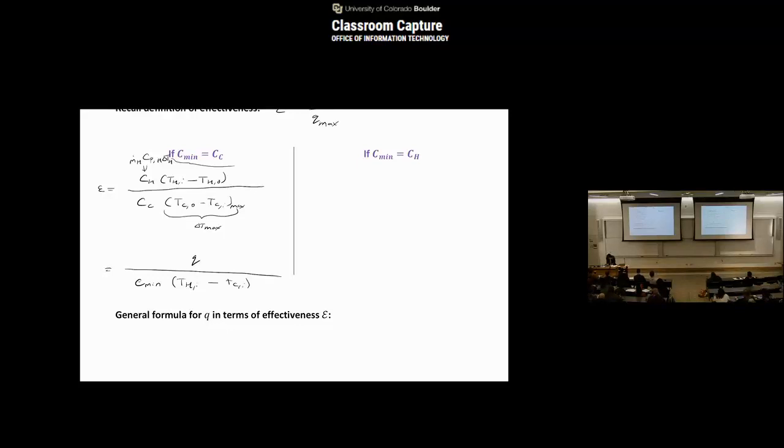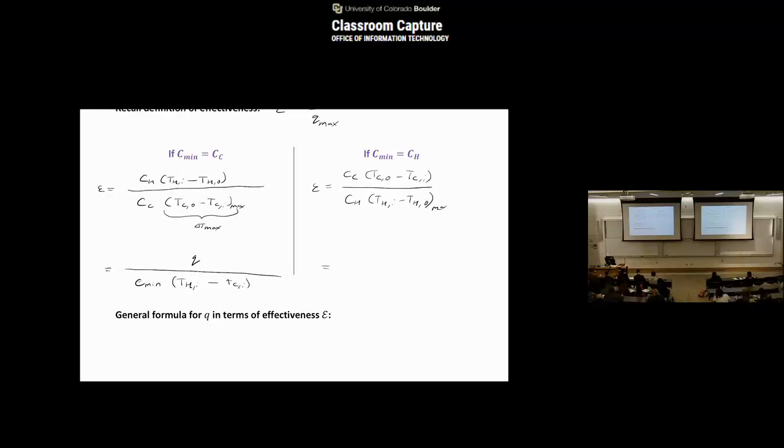We can perform a similar analysis for the case on the right. In this case, epsilon is going to be equal to C sub c times T_c outlet minus T_c inlet, over C sub h times T hot inlet minus T hot outlet, max.